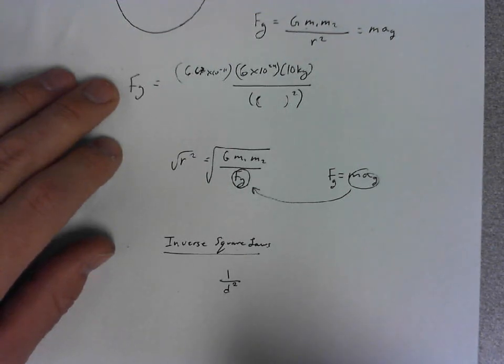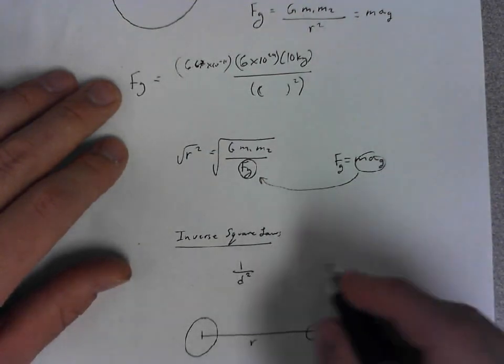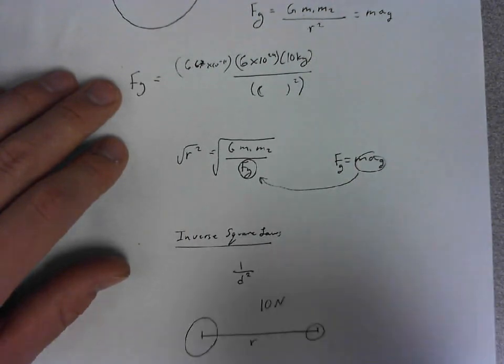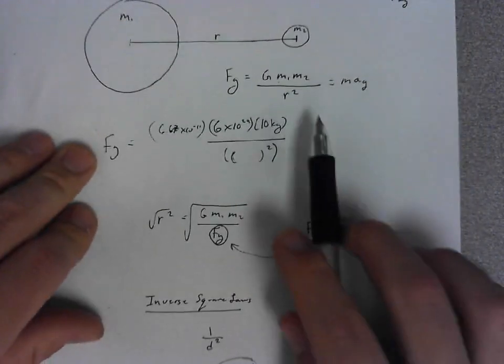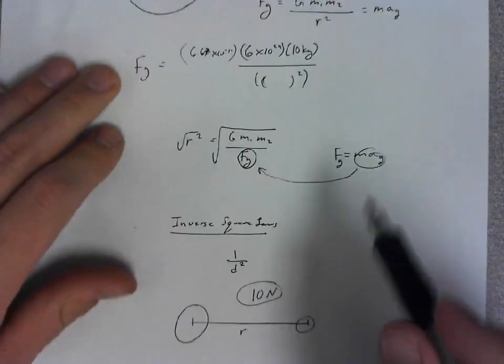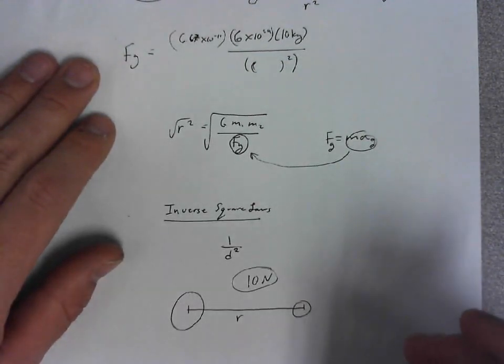Okay, let's keep with this idea. We've got two objects and some distance r between them. Let's just say there's 10 newtons of gravity between the two. So that 10 newtons represents this entire equation here, and I tell you that I'm going to double the distance.